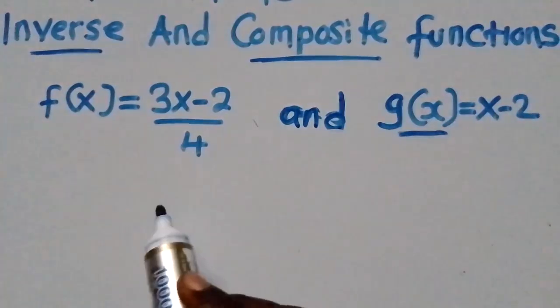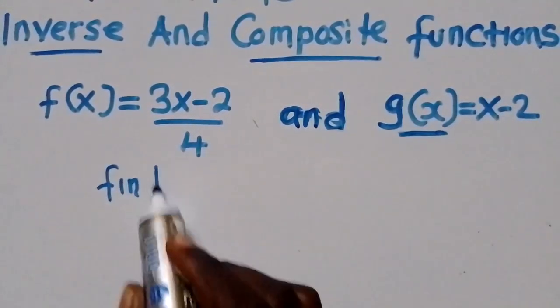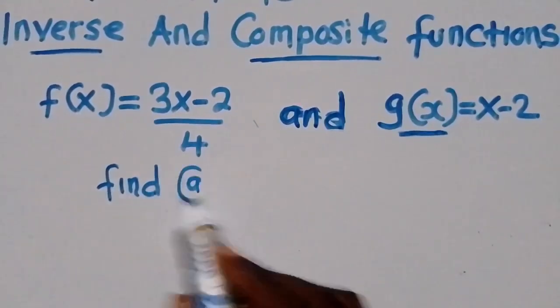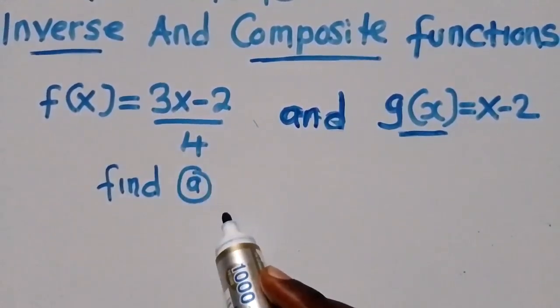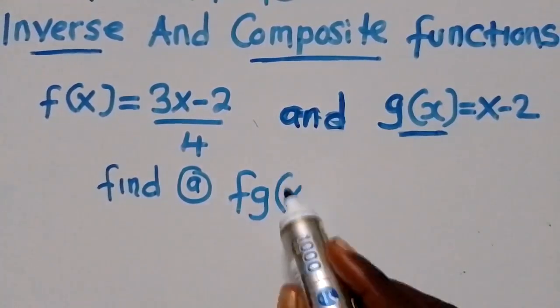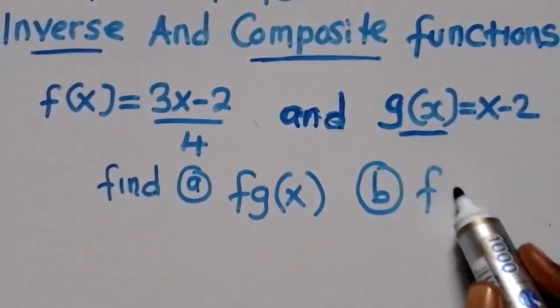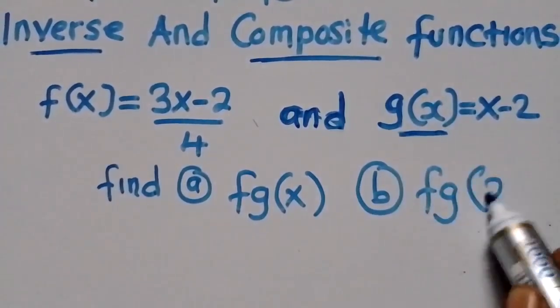A question comes where you are told to find, A: fg of x, then B: fg of 2.